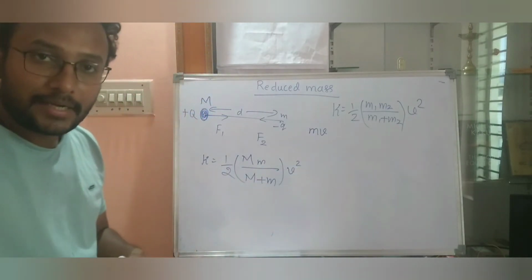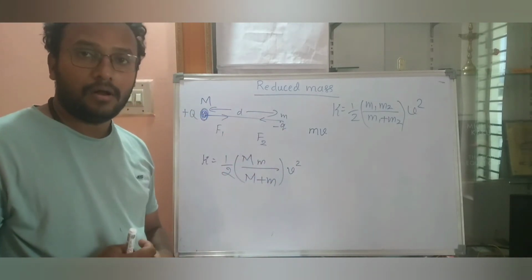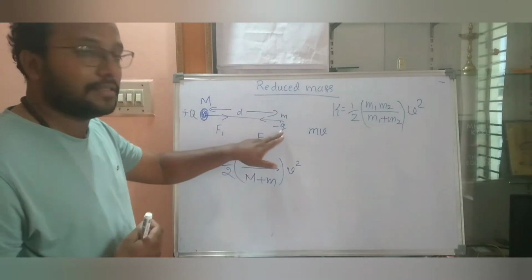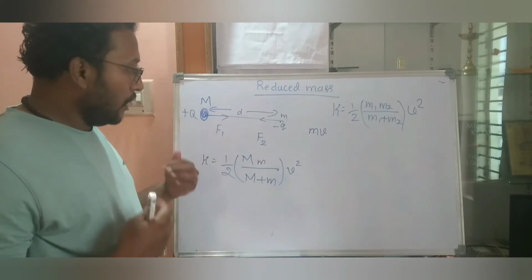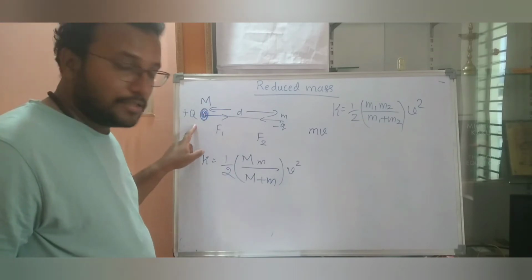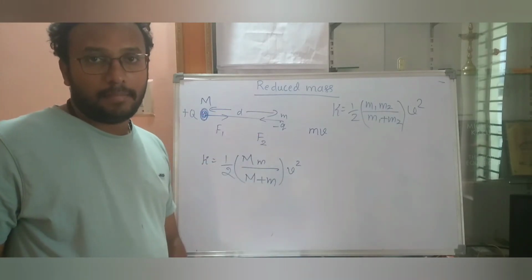This v is nothing but the relative velocity of these two objects. I mean the relative velocity of the negatively charged particle with respect to the positive one, or the relative velocity of the positively charged particle if you are sitting on the negatively charged particle.